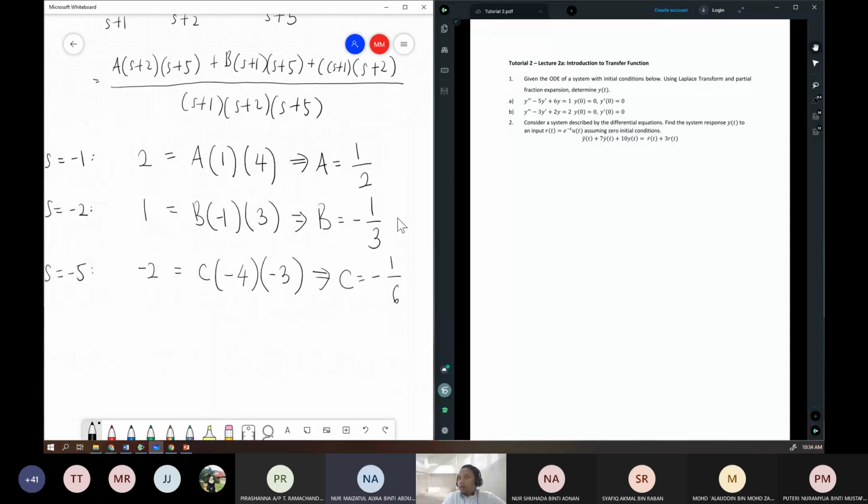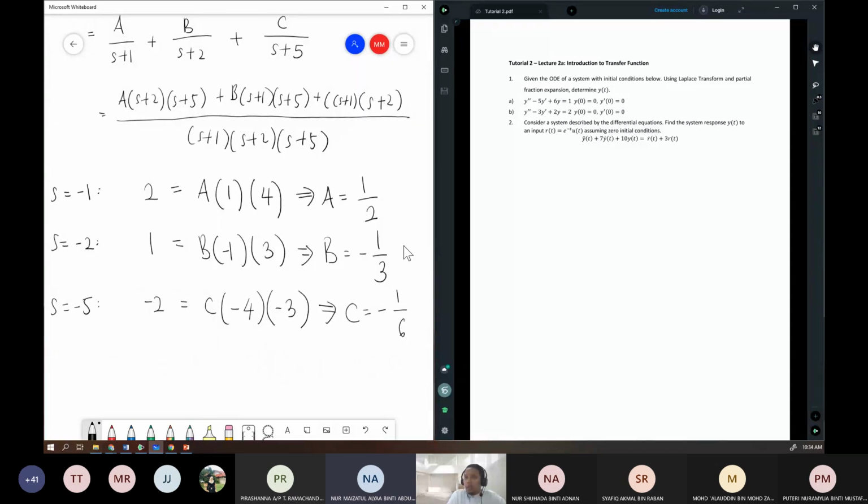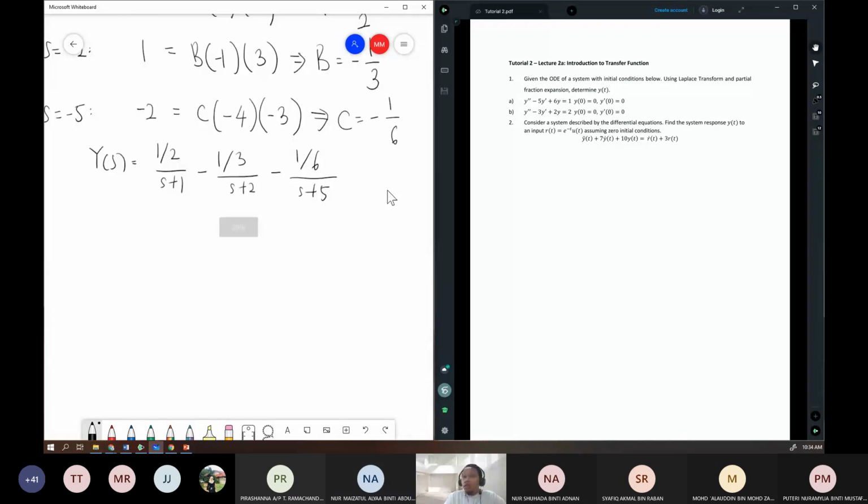And then substitute back into the Y(s) equation, and then use the inverse Laplace transform.